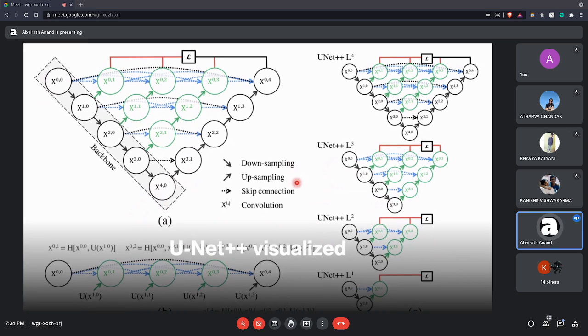Over here, this is Unet++, and this is the major architecture, and I want to talk about this image quite a bit because this is going to be the major discussion. As you can see, this is actually the Unet architecture. Let's say we're feeding the image in here. First you can see that xij means a convolution.